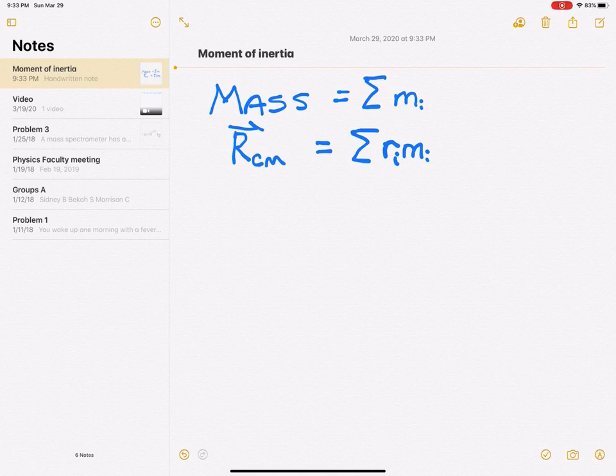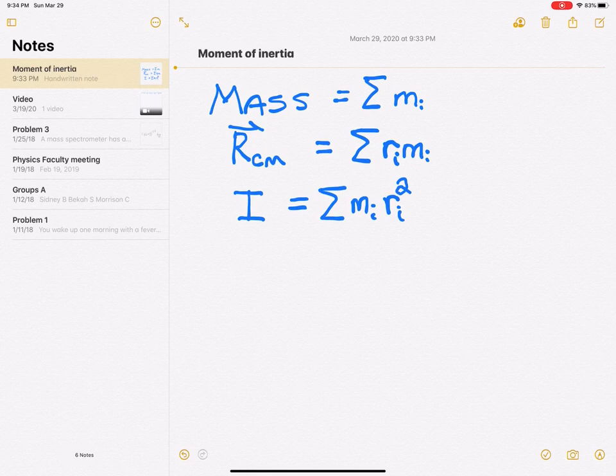The moment of inertia is going to take the next step. The moment of inertia is going to say, let's sum up every little piece of mass that we have, its location, but now squared. So now we're not getting a picture of a balance in terms of the center of mass being where the center of gravity acts.